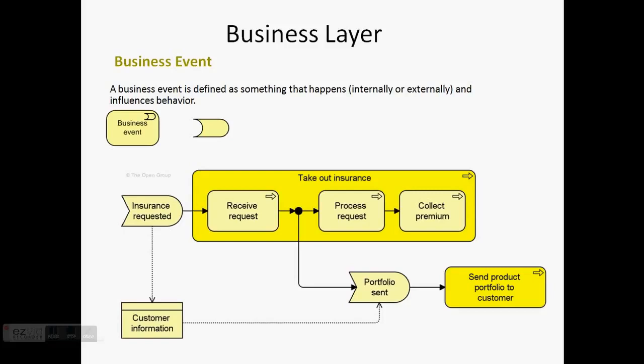Events may originate from the environment of the organization, for example, from a customer or from a supplier, but internal events may also occur. So you could also have internal events generated by processes within the organization. A process can actually initiate an event.